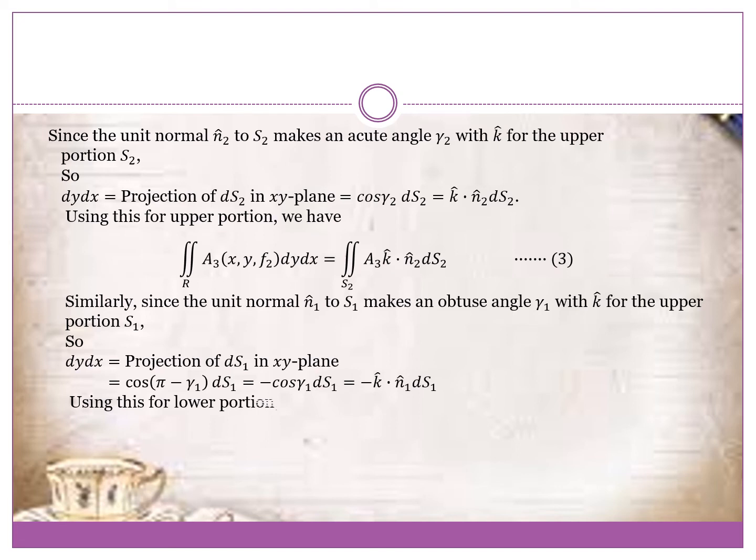Using this for the lower portion, we have the double integral over r of a3 xy f1 dy dx is equal to the negative of the surface integral over s1 of a3 k dot n1 ds1. Here we use s1 instead of r because the differential is ds1.